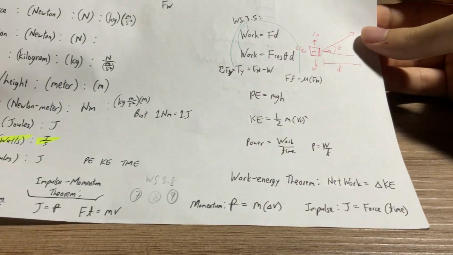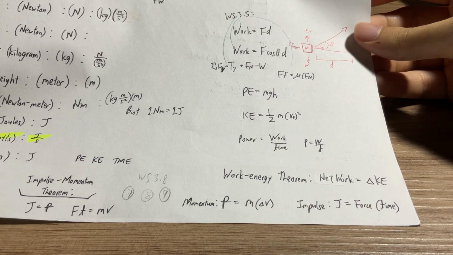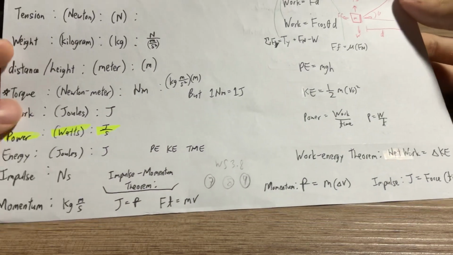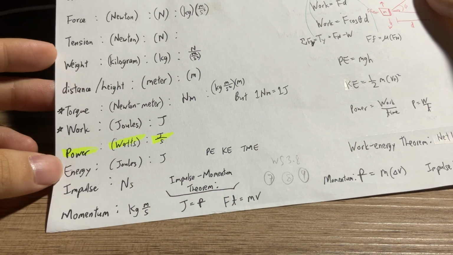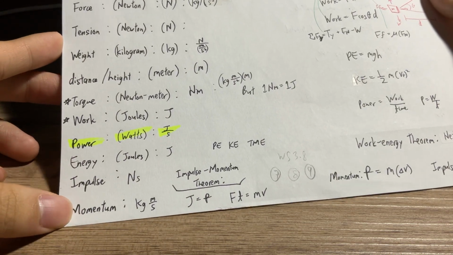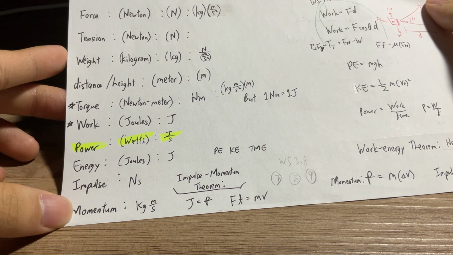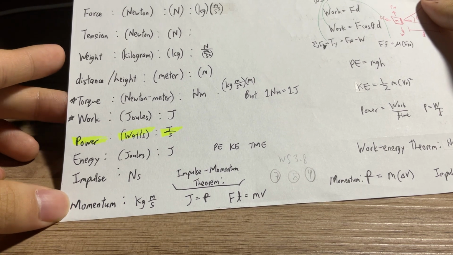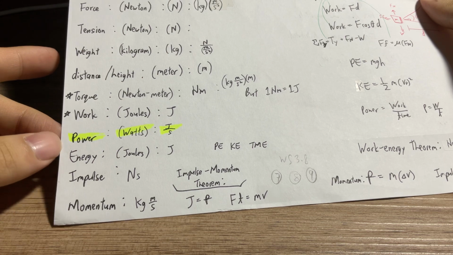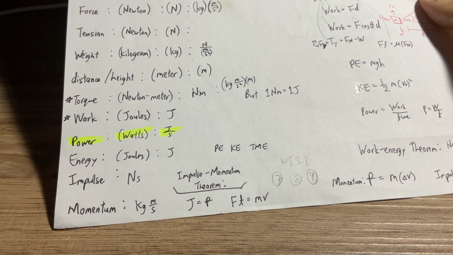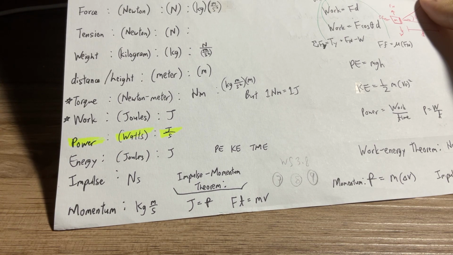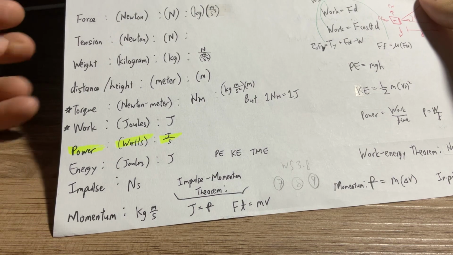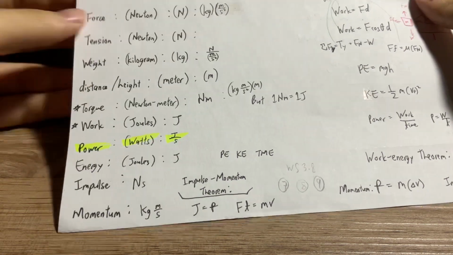I mentioned in my video on impulse and momentum that I might work on the collision video, but I don't think I can. Our teacher didn't teach that, so just to be safe, I would not try to teach something that I was not taught. As simple as that.